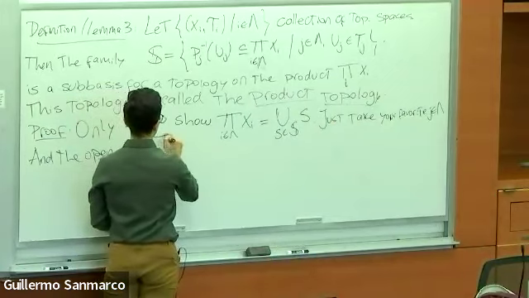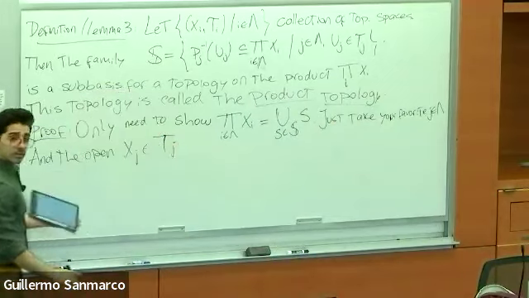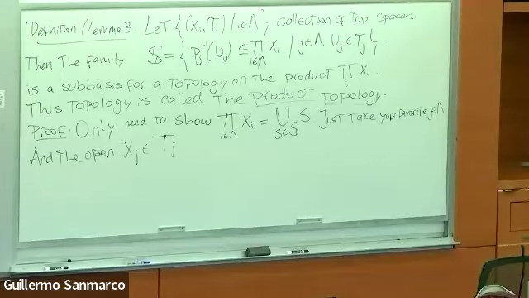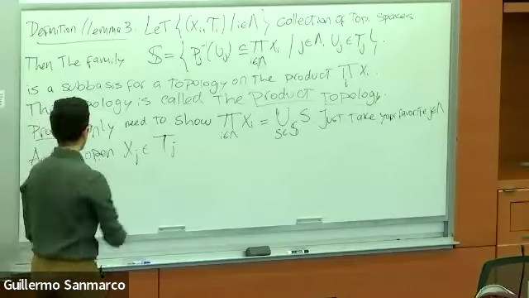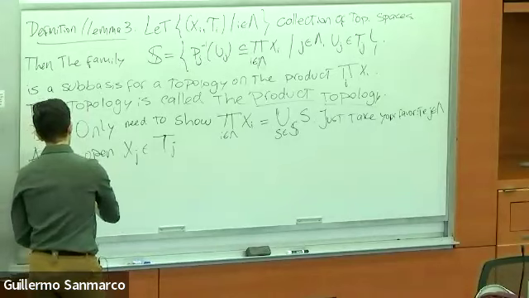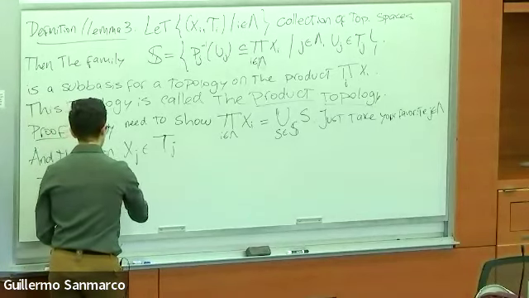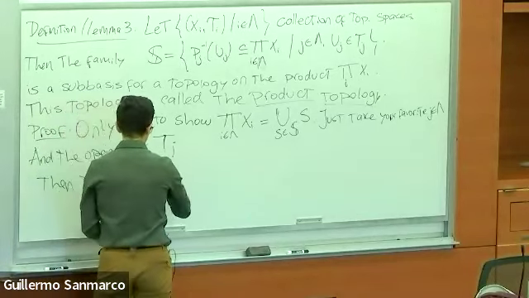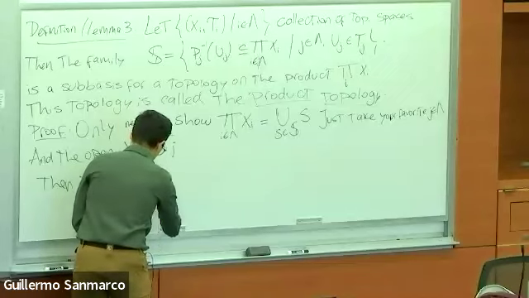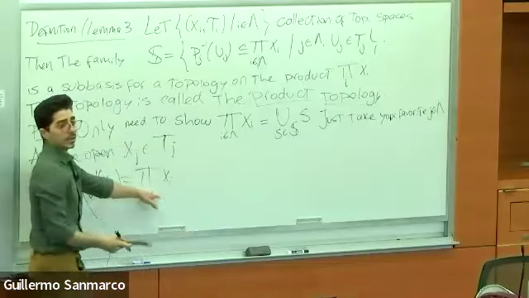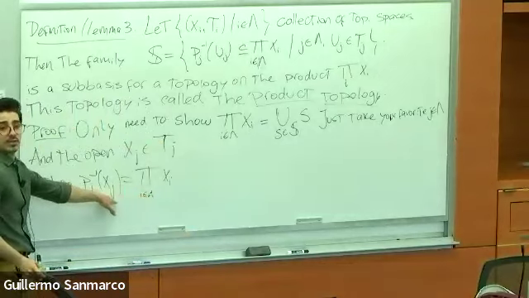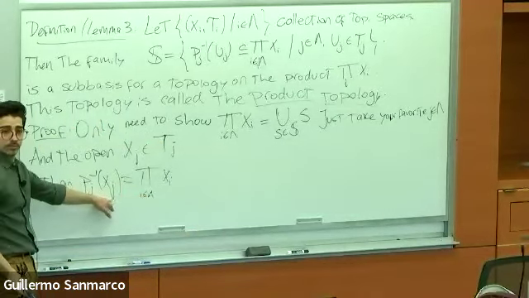Remember, T is a topology on X, so that's always open. But when you compute the preimage under the projection of Xj, what you get is the entire set, because everything here, when you project, you get something in Xj.